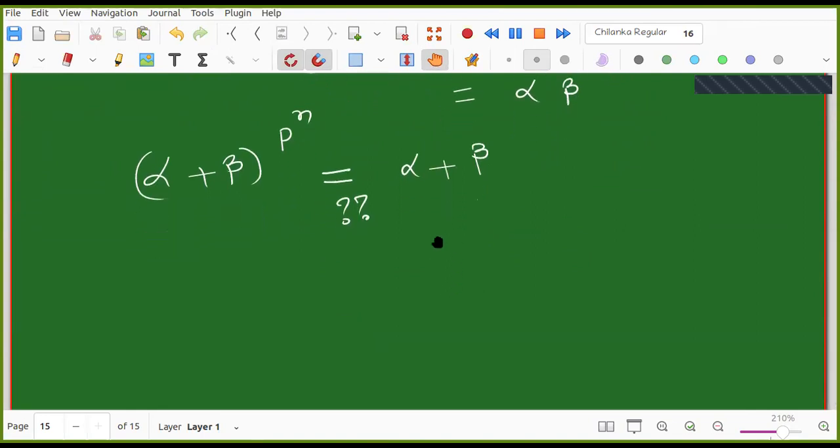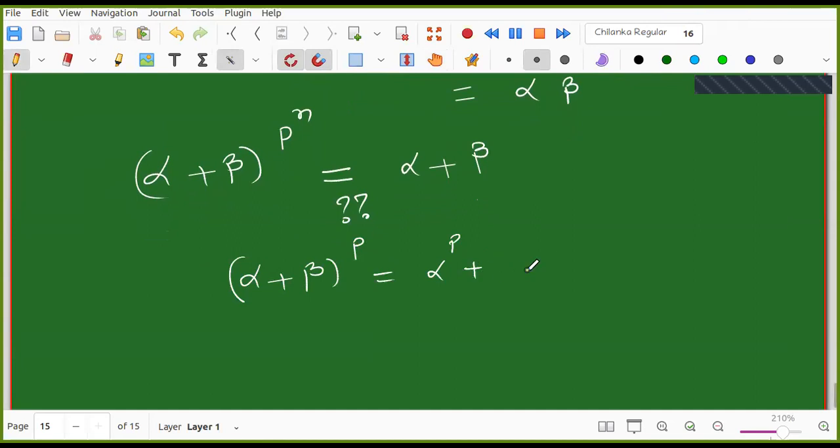Okay, so let us go slowly, maybe. We can prove it by induction. First of all, (alpha + beta)^p is alpha^p plus p times alpha^(p-1) beta, and so on, plus p times alpha beta^(p-1), plus beta^p, correct?